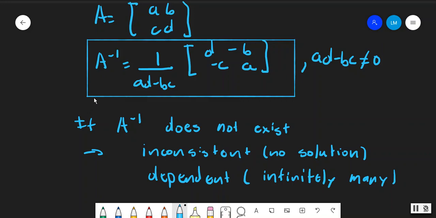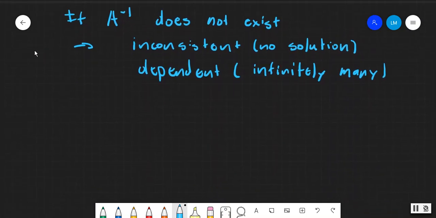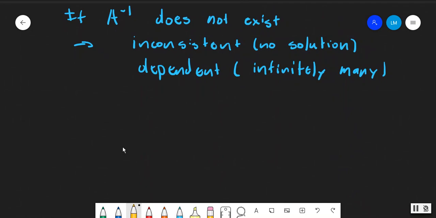Now, I'm going to give you an example that you should try with regard to finding an inverse.